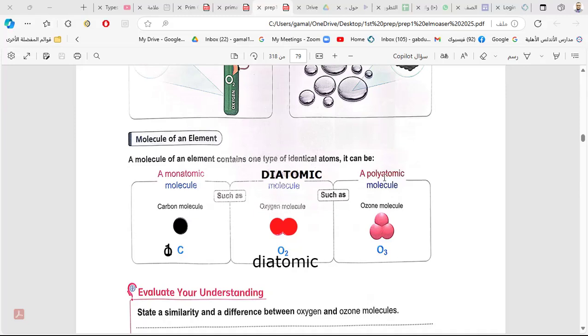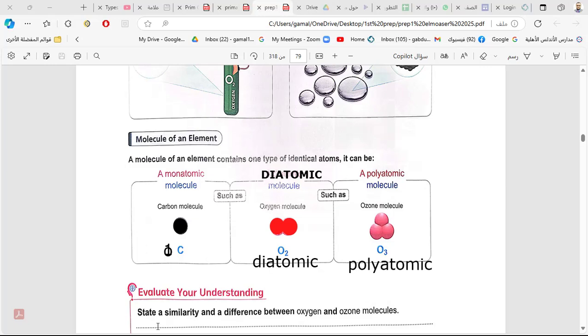And we have ozone. It is triatomic, and you can say polyatomic. You can say triatomic or polyatomic. Poly here has the meaning of many atoms.